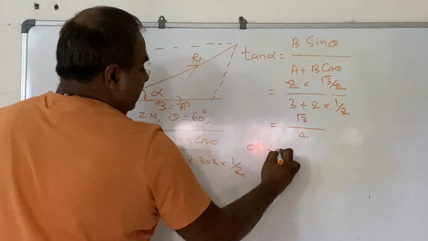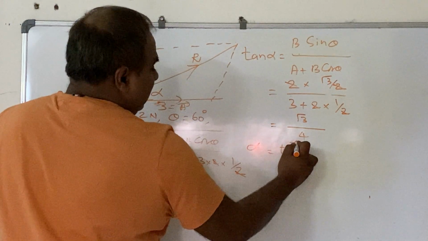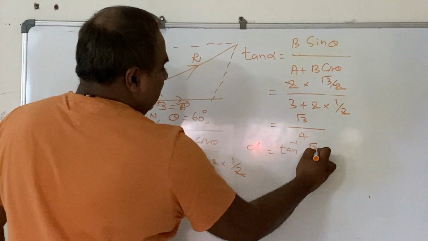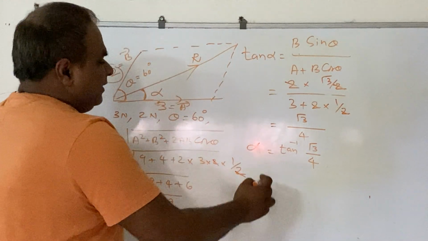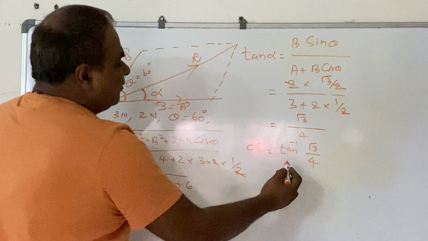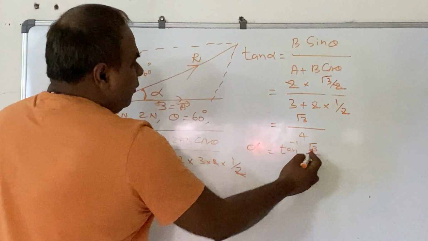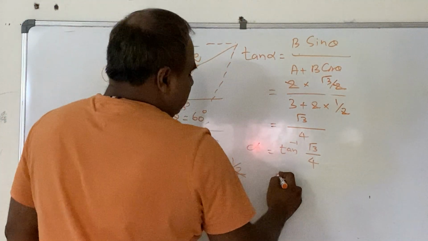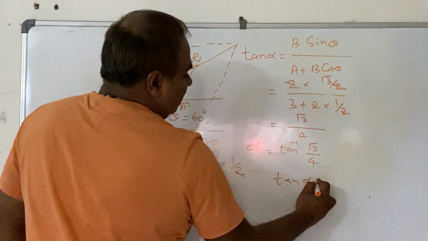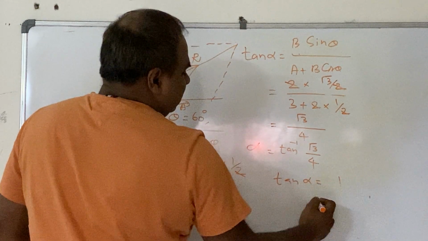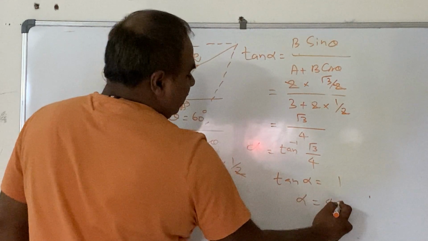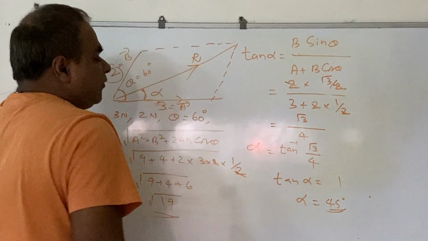Then alpha is, you need to write tan inverse root 3 by 4. This is an inverse trigonometric function. For example, if you get tan alpha is equal to 1, then you will get alpha is equal to 45 degree, because tan 45 is 1.